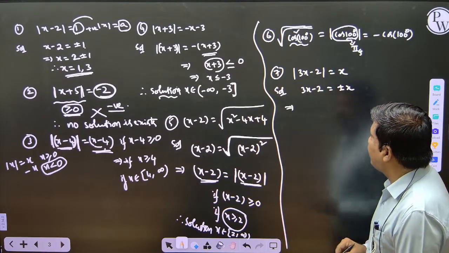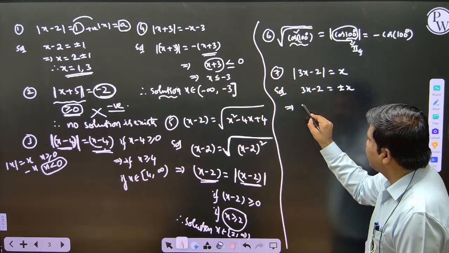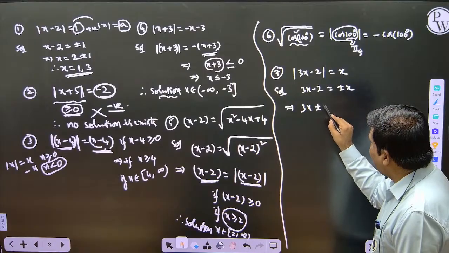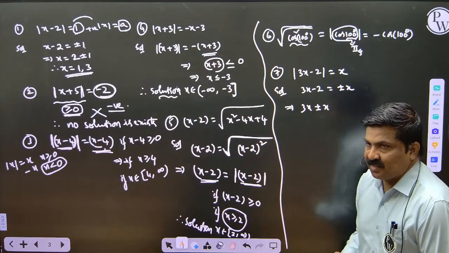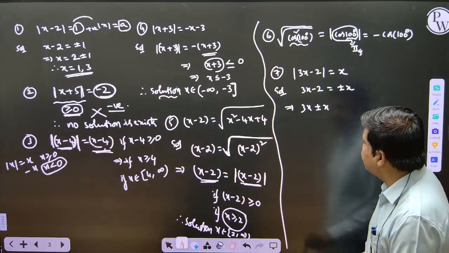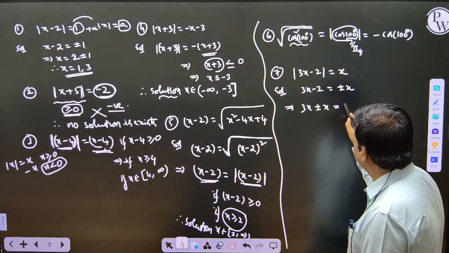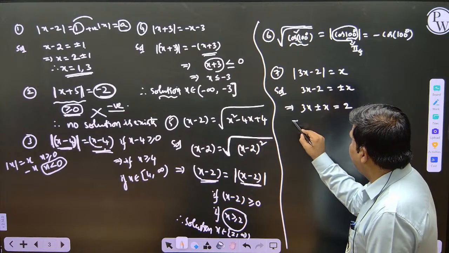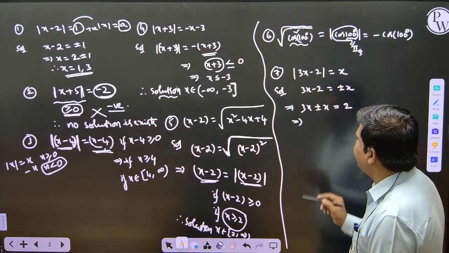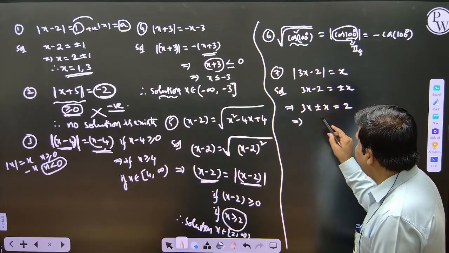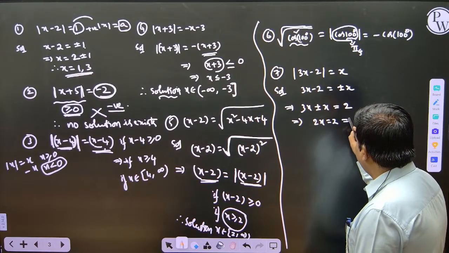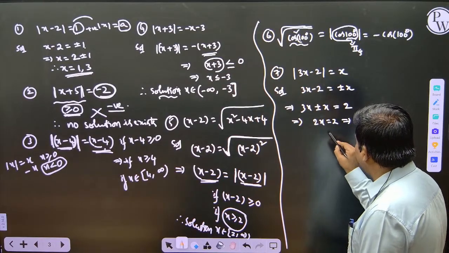If I eliminate the modulus, plus or minus shifted to the other side, you also get plus or minus. Minus 2 shifted to that side becomes plus 2. One time you take a plus sign, another time you take a minus sign. If I take a minus sign, 2x is equal to 2, which implies x is equal to 1.